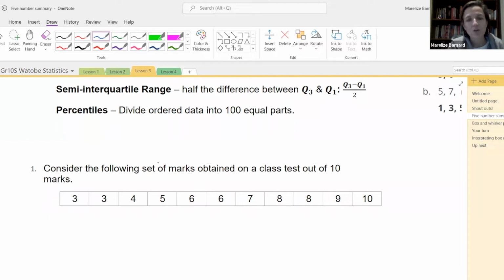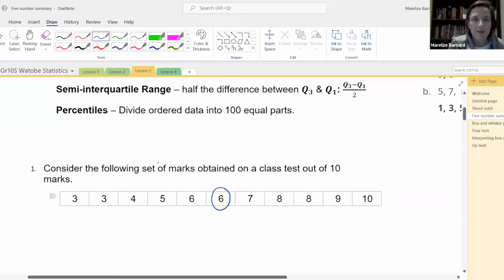What is the value of the median? Just pop it in the chat if you know. I will go back just now. We're just going to do this part first. 6, I agree. That is 6, because the median is the middle.